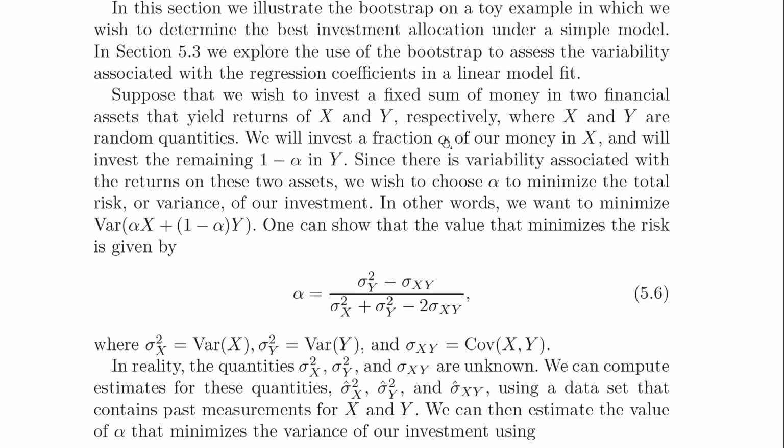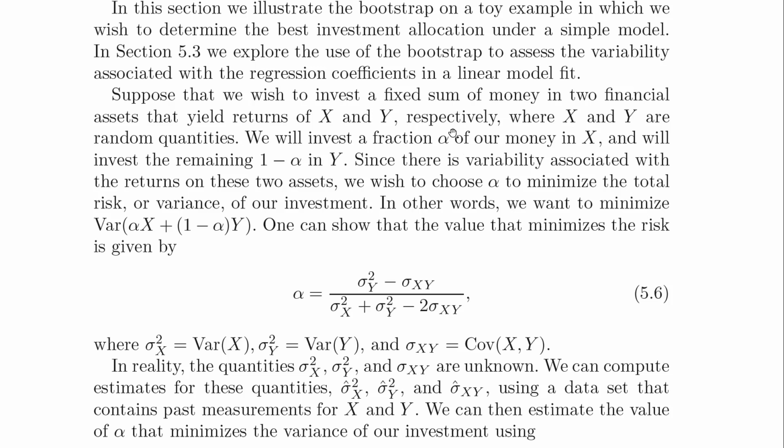We will invest a fraction alpha of our money in X, in the X asset. Okay, so I think we're using X to mean two things. We're using X to represent the return on asset X. Ideally, perhaps we would have made that a bit clearer, but as is often the case with these things, context is everything.